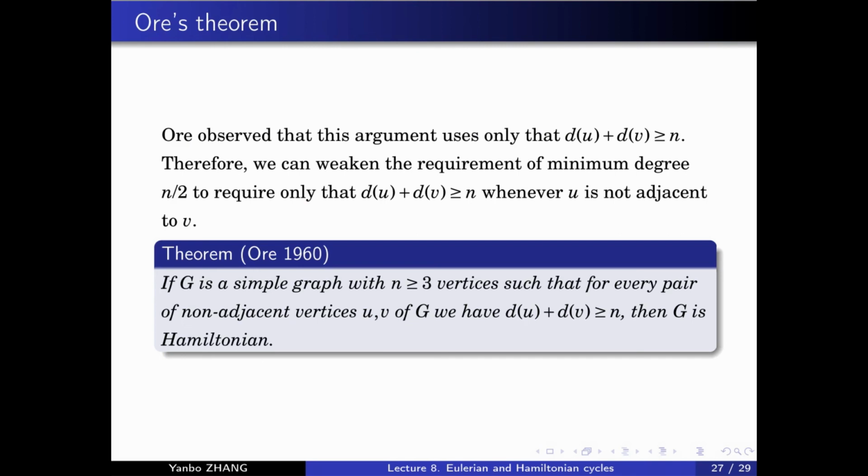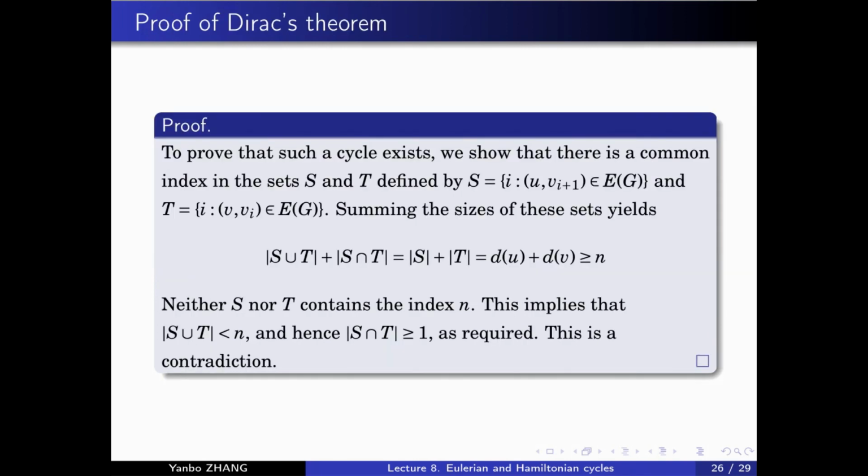Eight years later, Ore observed that this argument uses only that du plus dv is greater than or equal to n. The proof did not use du greater than or equal to n over 2 and dv greater than or equal to n over 2, but du plus dv greater than or equal to n.